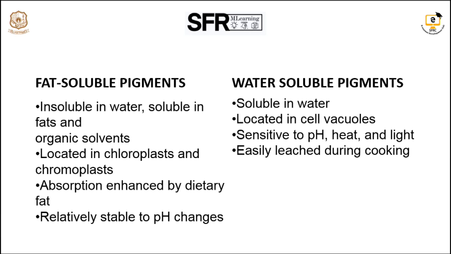The fat soluble pigments are very stable to pH changes, either acidic or alkaline, and even while heating, those present in the chloroplast and chromoplast will not leave the food as easily, unlike the water soluble pigments.